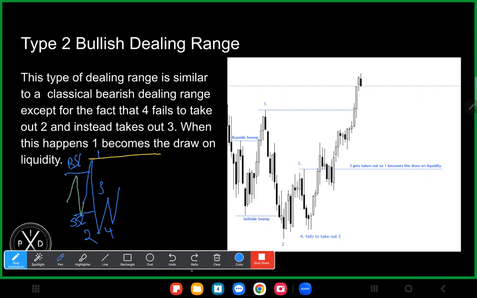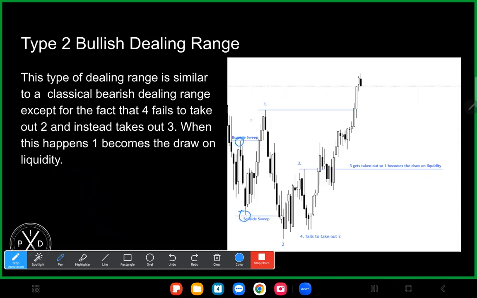And then let's take a look at this example right here. So we have buy side liquidity resting at this high, sell side liquidity at this low. Price takes out the buy side liquidity above that high, gives us 1, and then it comes back down, takes out sell side liquidity, and then gives us phase 2. And then it comes up right here, and then it gives us phase 3.